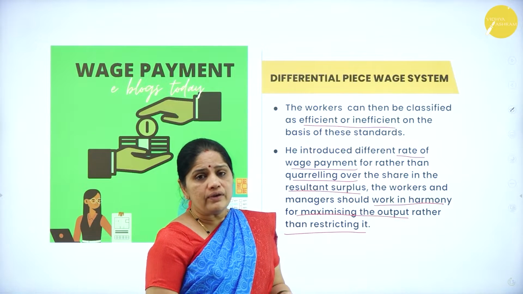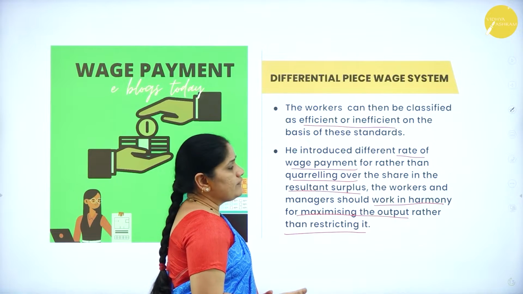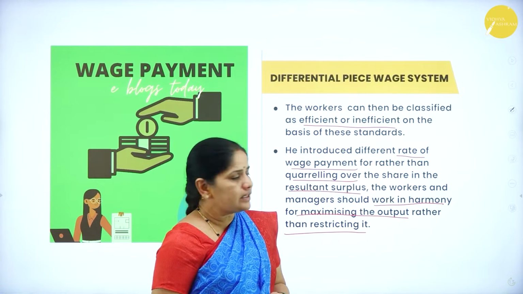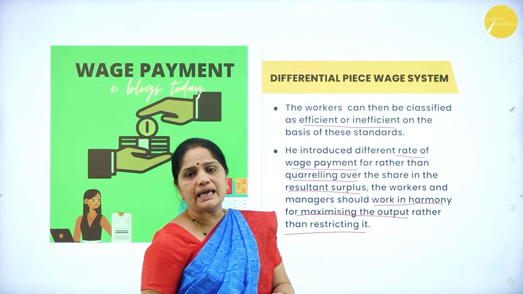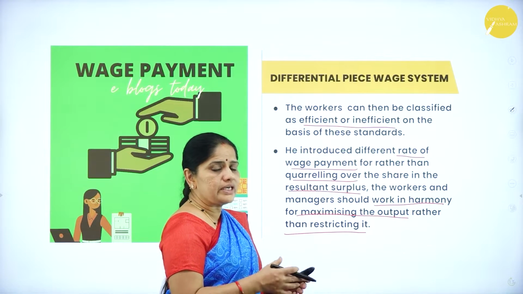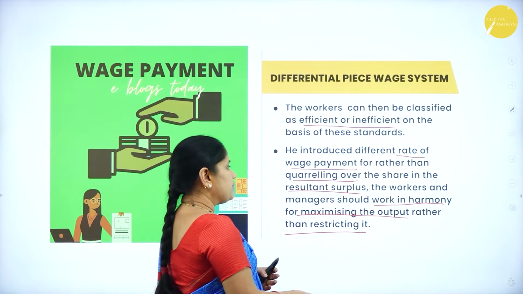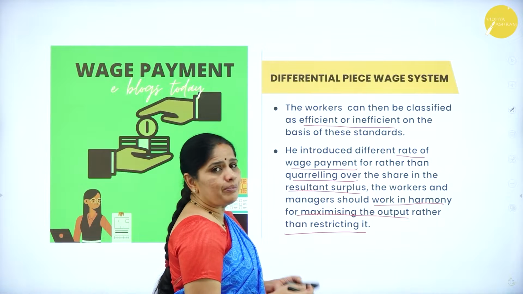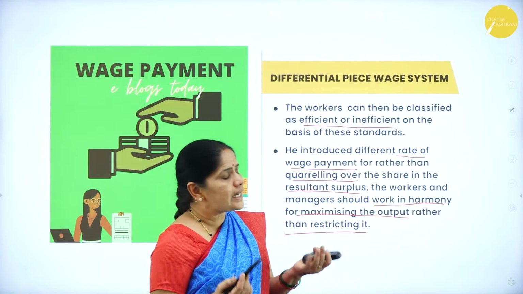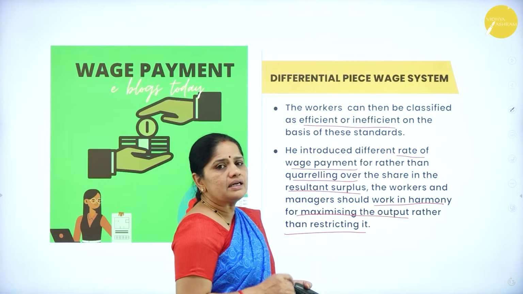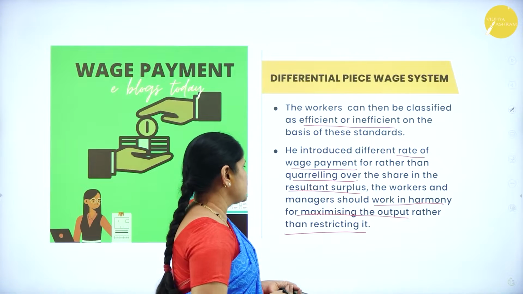Workers will be saying, we have worked for the company, so we need to get bonus and all those things. Now, when the efficient workers are amply rewarded, there will be harmony in the workplace. Whatever gains the management is getting through the work done by the laborers will help both to prosper. Management will prosper because of the efficient work done in the organization, and the worker also will be suitably rewarded because of his efficiency.